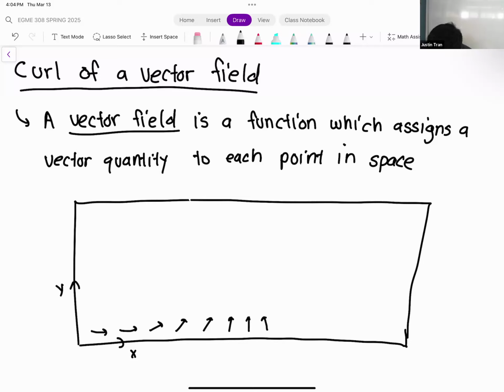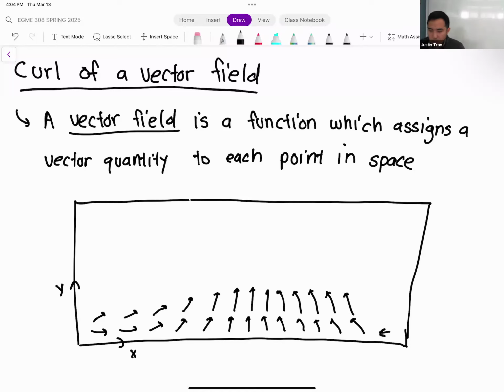In fact, it is very common for them to change at different locations. Okay. So I'm not gonna fill this entire area with arrows, but you'll start to get the gist of it, right? So each of those arrows represents a different location, X, Y, in the space there. And at each location, we have a different vector value.